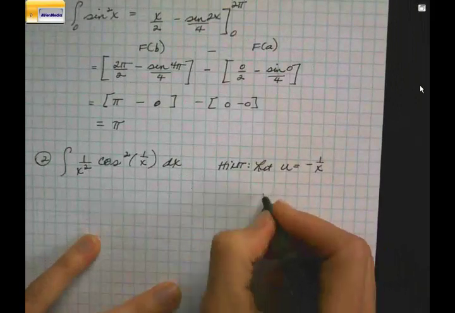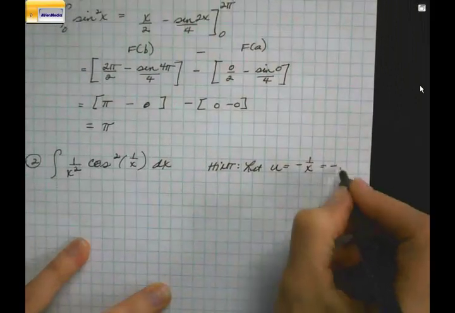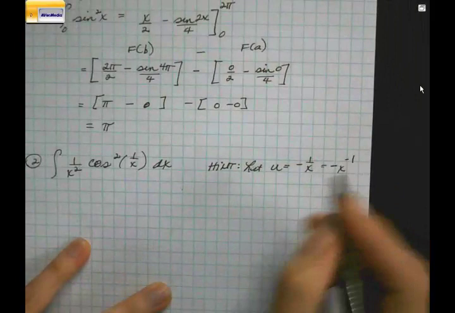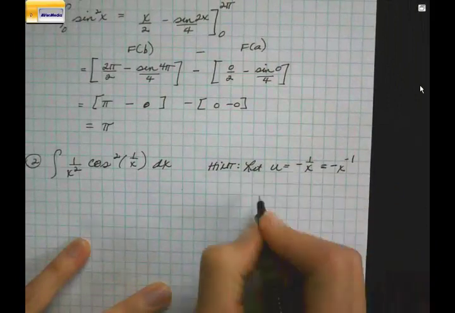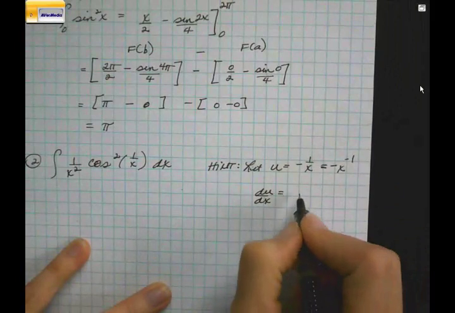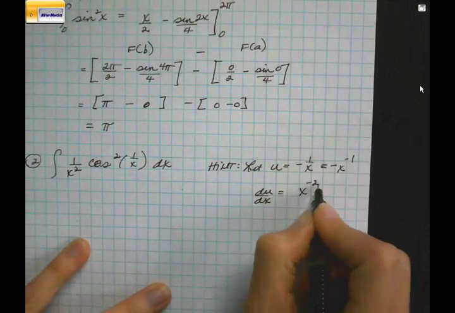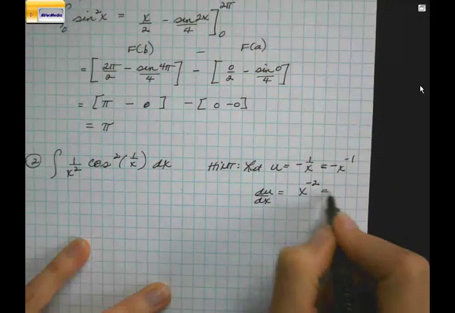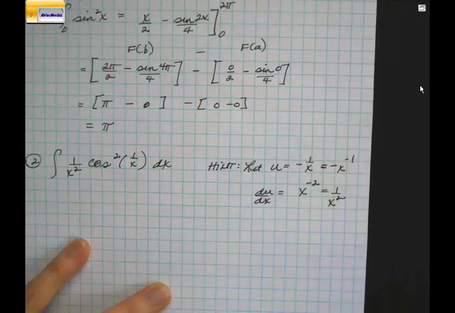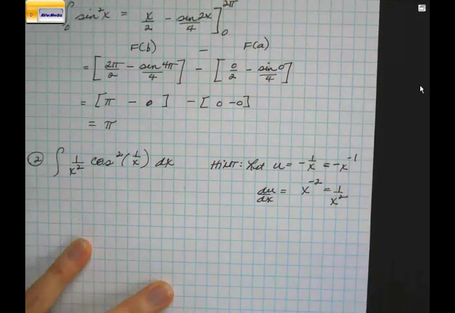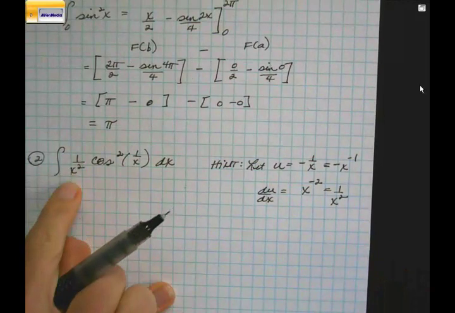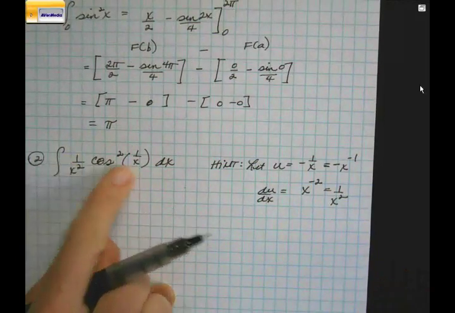Okay, let's see if it works. Surely it's going to work. Okay, well that's the same thing as the negative x to the negative 1. Don't we love all these negative symbols everywhere? So then du dx would be positive 1x to the negative 2 power, which is 1 over x squared. Hey, that's pretty cool. That works. That's a good thing, because here's this 1 over x squared that we got to get rid of. We get a cosine squared u.